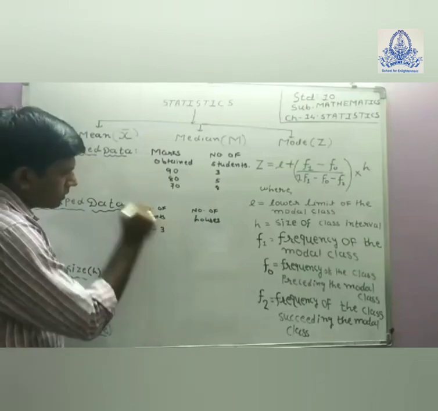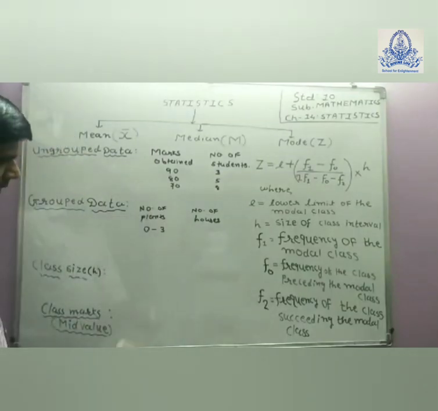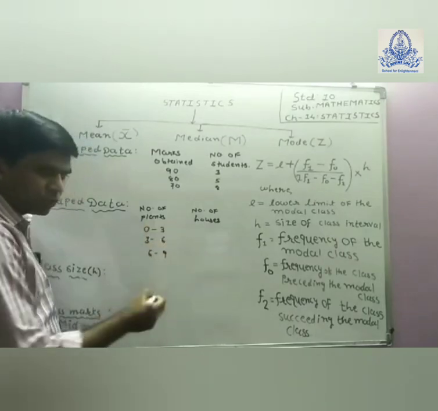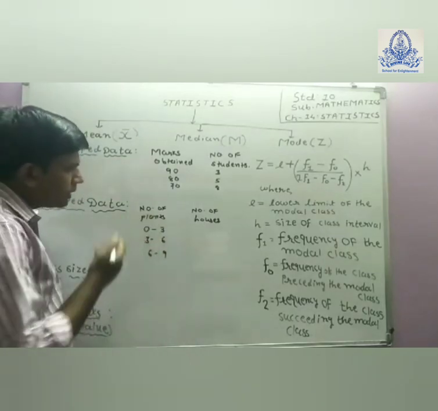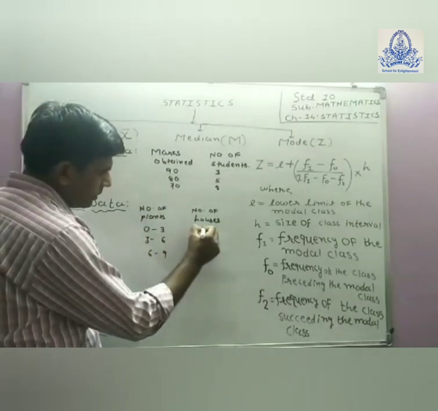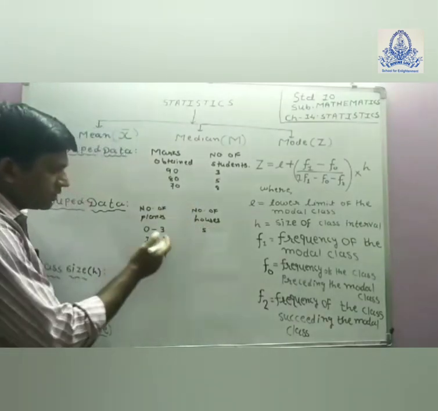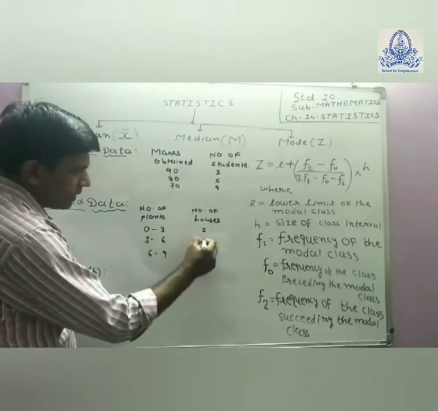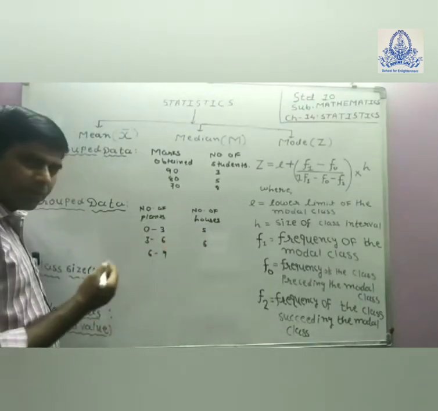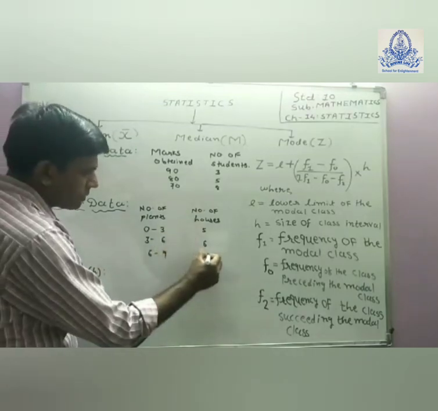First class is 0 to 3, second is 3 to 6, 6 to 9 and so on. Suppose 0 to 3 plants are present in 5 houses, 3 to 6 plants are present in 6 houses, and 6 to 9 plants are present in 9 houses.